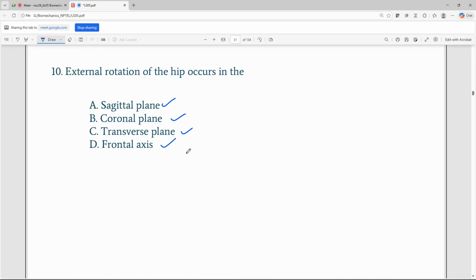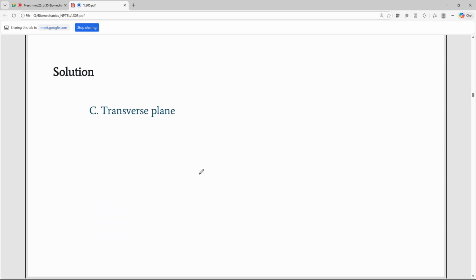Yes, option C, transverse plane. The external rotation of the hip occurs about the transverse plane.